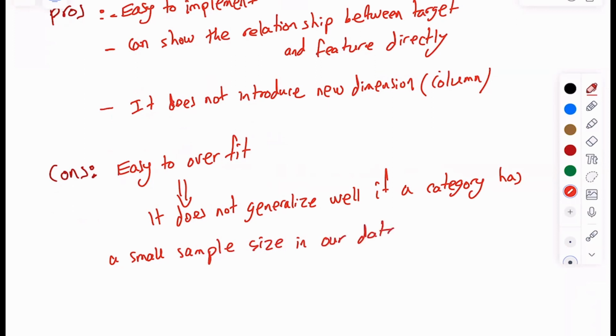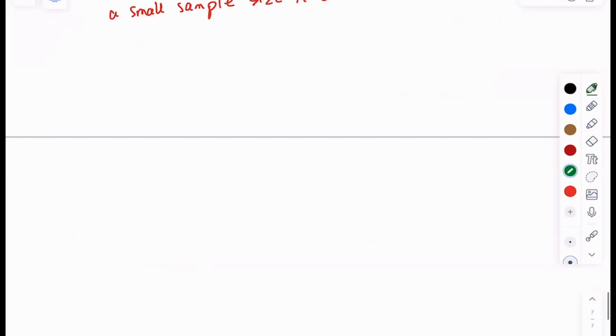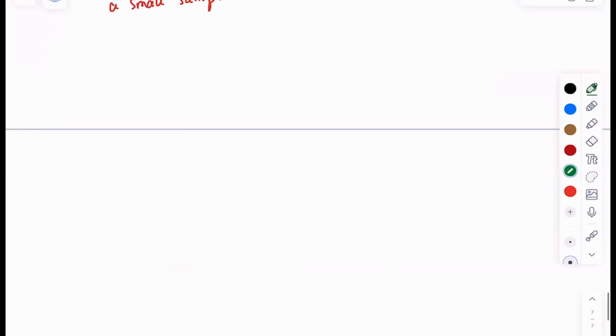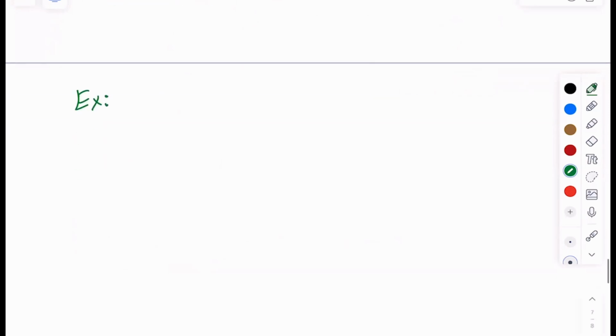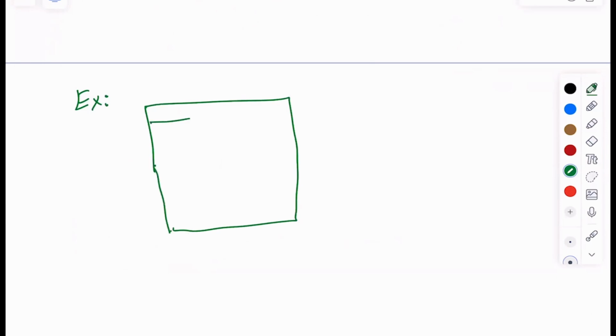All right, let's take a look at an example of what I mean by that. Let's talk about income as a function of city.